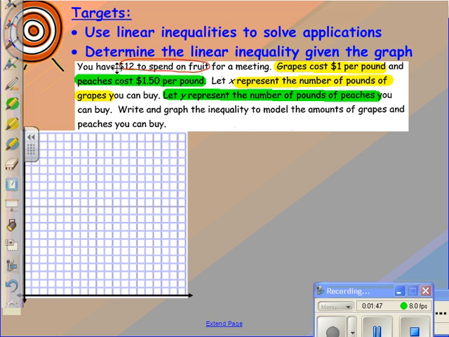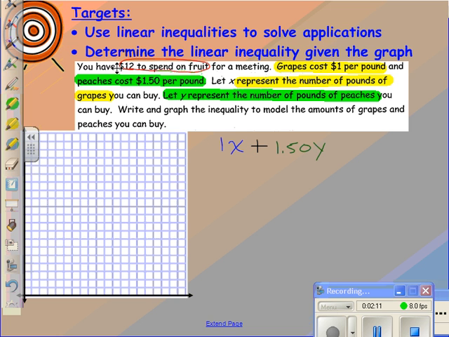So to set up our inequality, we're going to start out with our grapes, and we're going to say that is $1, and we're going to let X represent that. And we're going to add that to the amount our peaches cost. So we're going to say $1.50 Y for the amount that we would spend on peaches.